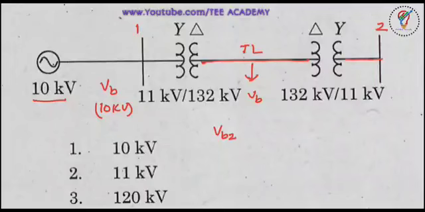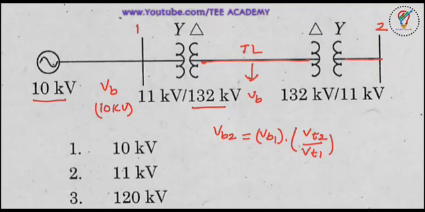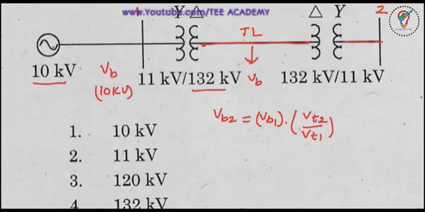So V_B2 is equal to the primary base voltage V_B1 into, because of the transformer, we'll take the rating of the transformer, V_T2 divided by V_T1, or I can take it from the number of turns.